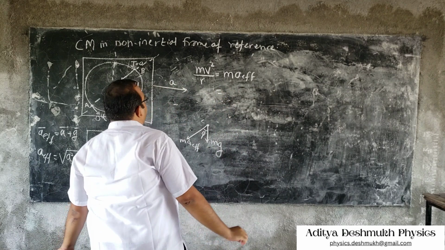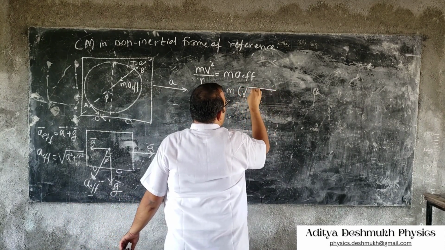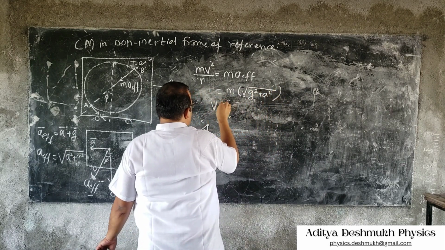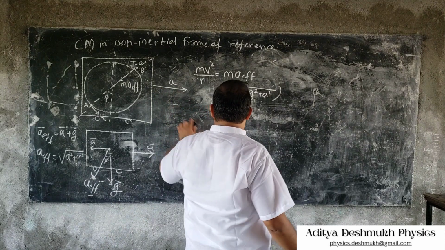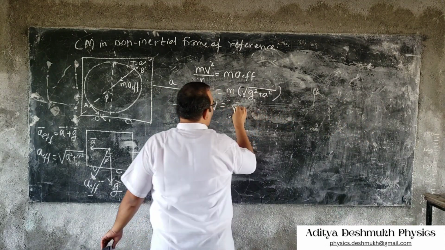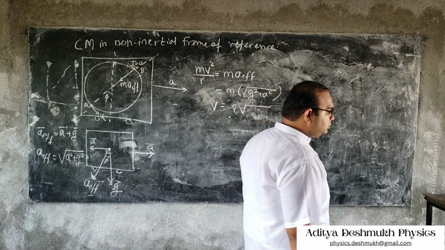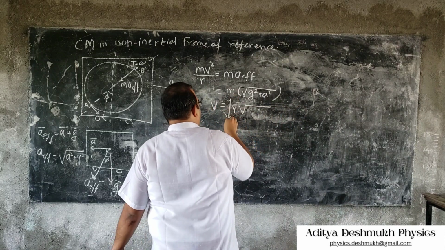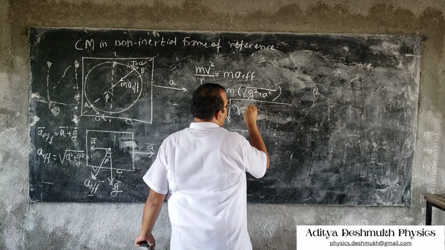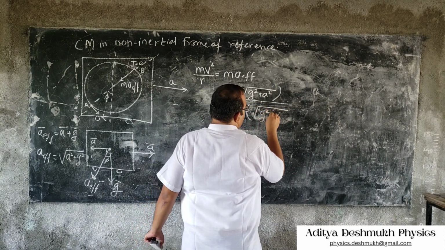Now this m into a effective will be m into square root of g square plus a square. So my v will be square root of r into square root of g square plus a square.